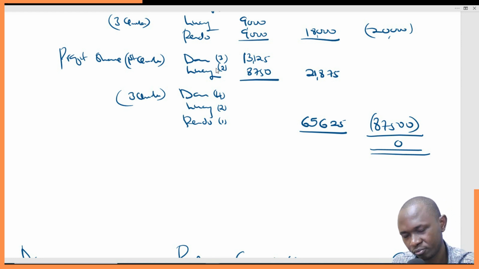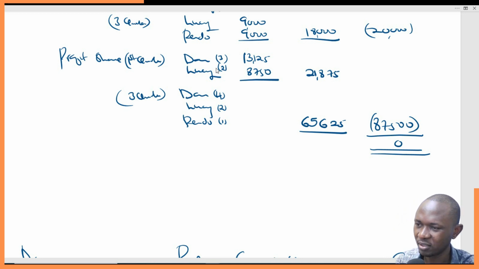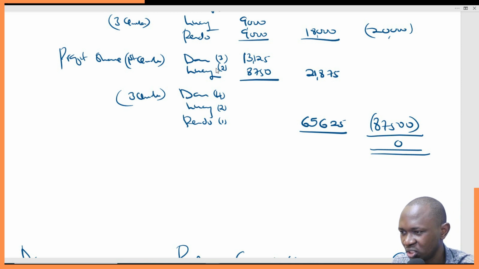Then for the second period, the remaining three quarters of the year, this is the profit they are going to share, 65,625, in the ratio 4 to 2 to 1. Add them, 4 plus 2 plus 1 is 7. So Dan will get 4 over 7 of 65,625. That is 37,500.